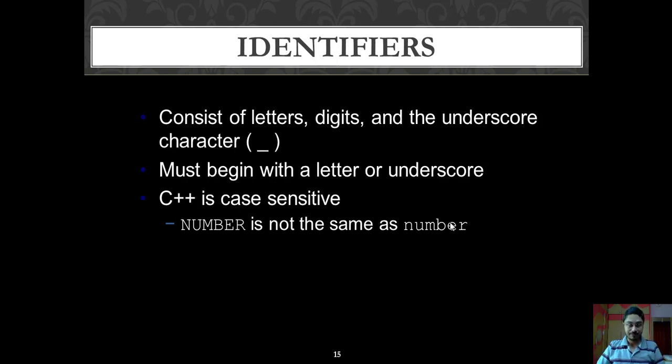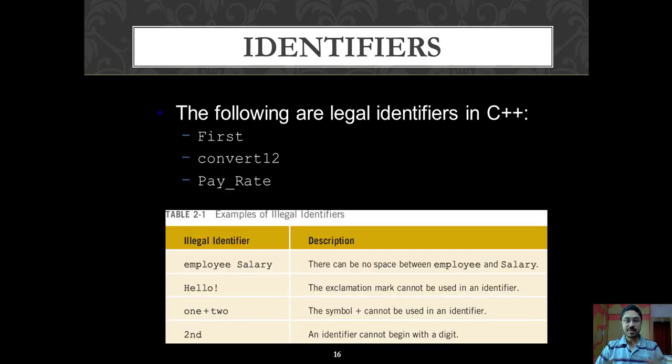They are not the same. Here are some examples of legal and illegal identifiers. First we look at the legal identifiers. Convert12, payRate, all these are valid and legal identifiers, because they follow all the rules we discussed in the last PPT.